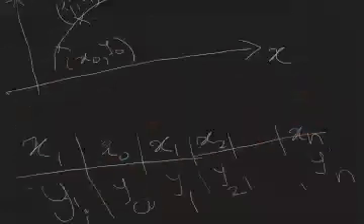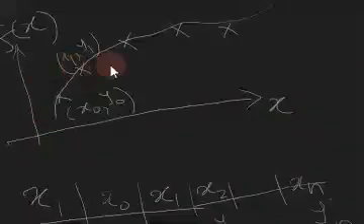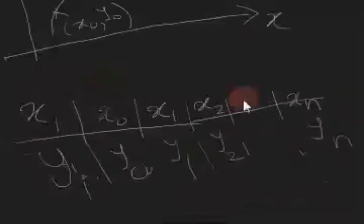So these data points are given. If you have n plus 1 data points, you can find an n degree polynomial which passes through these data points.